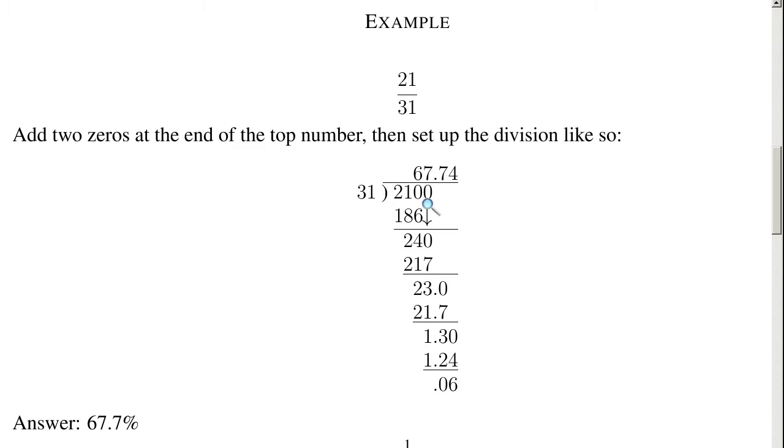divided by 31. So you start by looking at the 2. 2 is smaller than 31, so we can't do anything. 21 is smaller than 31, so we still can't do anything. 210 is bigger than 31, so we have to figure out how many times we can take 31 out of 210.